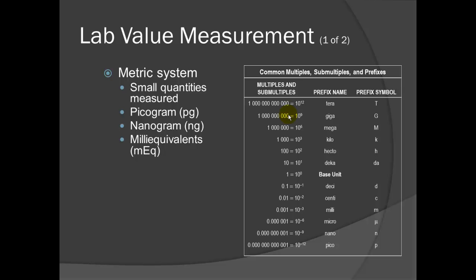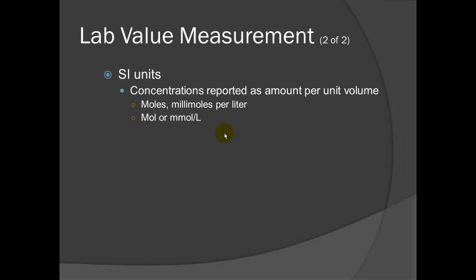We value the measurements off of the metric system. Small quantities are measured, like a picogram, a nanogram, or a milliequivalent. Laboratory value measurements are done in International System Units, or SI units.